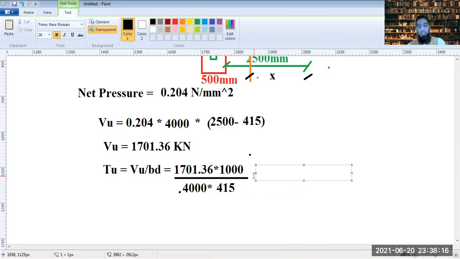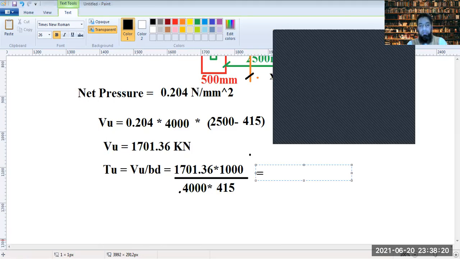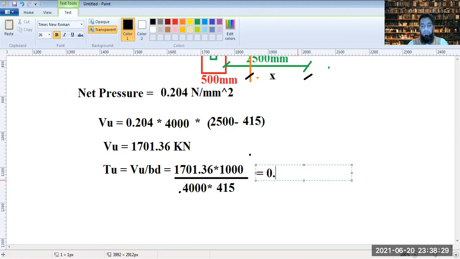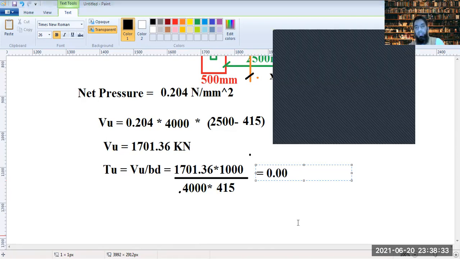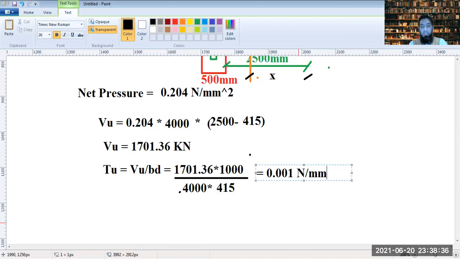So this we are getting as 0.00 Newton per mm square, quite a small value of the forces that are acting on this.